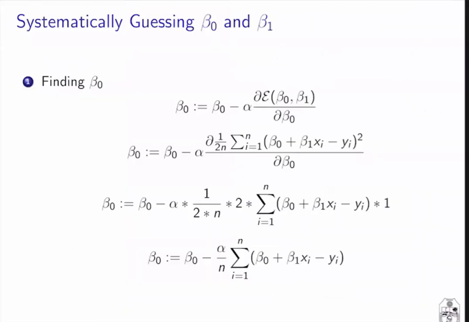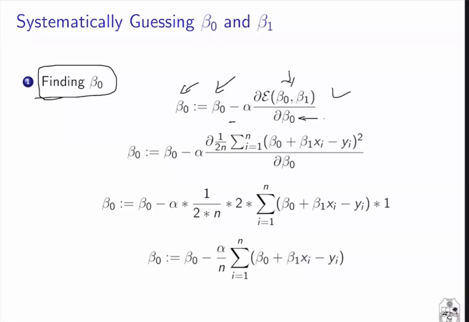Now similarly, to calculate beta 0, we are again applying the error function. The new value of beta 0 is calculated from the old value of beta 0 minus alpha times the partial derivative of the error function with respect to beta 0.